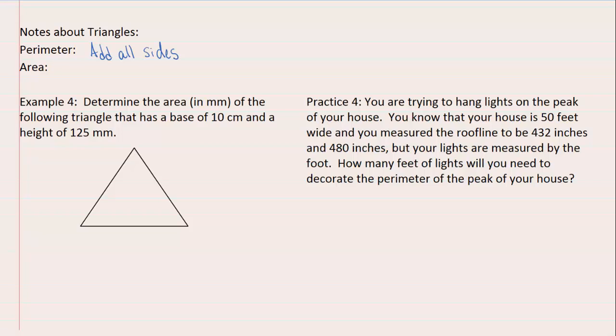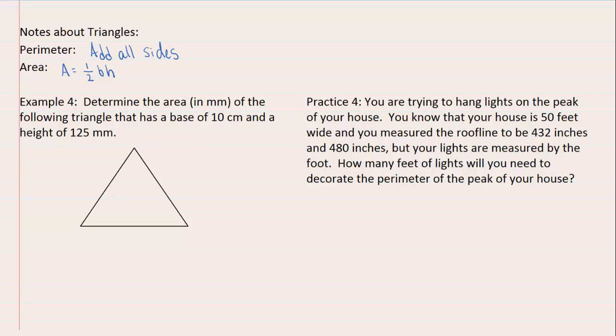For the area of a triangle, the area will equal 1/2 base times height, which means we would multiply the base times the height and then divide that number by 2 to give us the area of the triangle. Remember, when using triangles, you may have to determine the height on your own and the base on your own. Remember that the height must be at a right angle to the base.